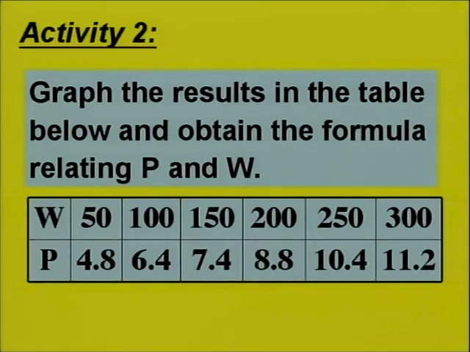When you plot this, P will be running up this way. P is the vertical axis and W is the x-axis. You are given this one, and this is not time and distance.